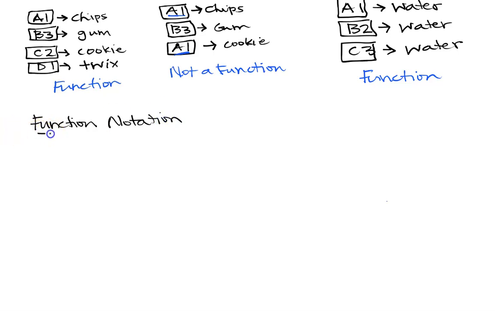So function notation is where we have something that kind of looks like this. And sometimes when students look at that, they think it says f times x, because we've talked about how when something is in parentheses it means multiply.